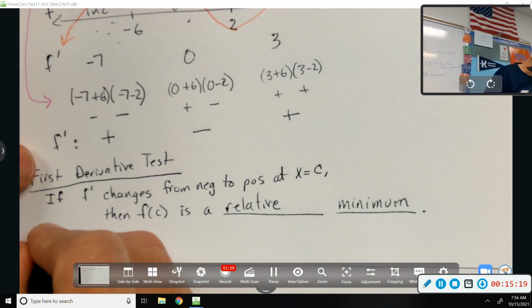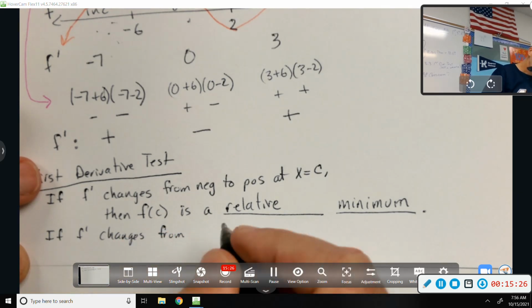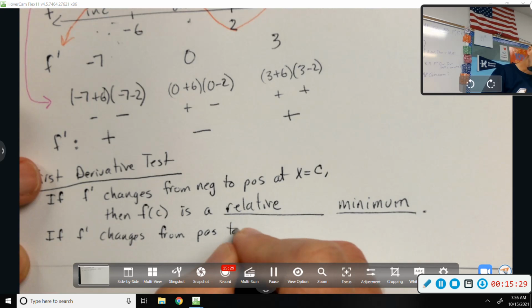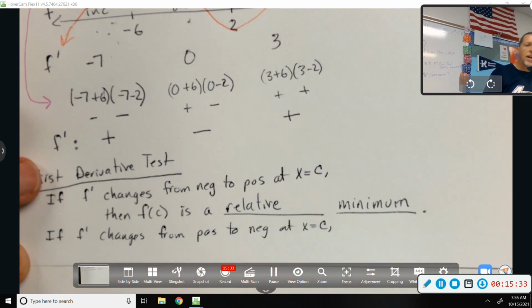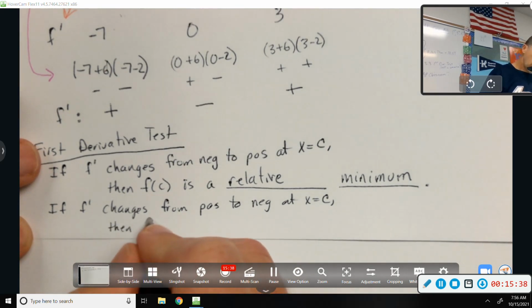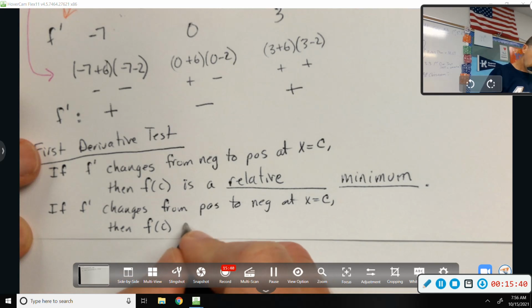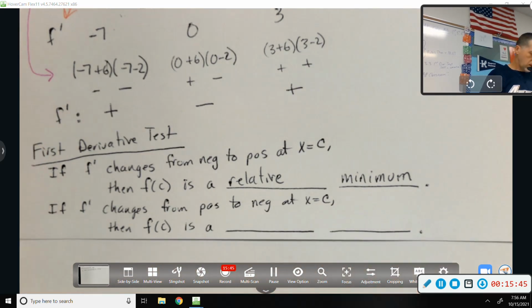You can guess what the other one's going to be. If F prime changes from positive to negative at x equals c, F prime changes from positive to negative.